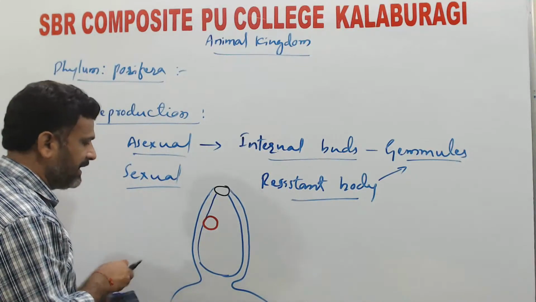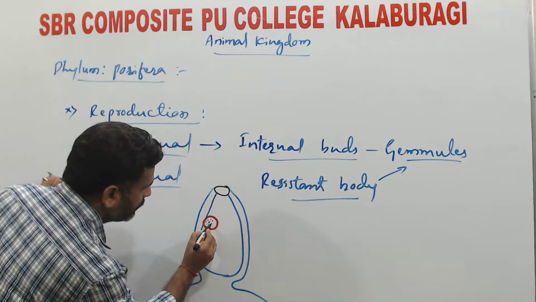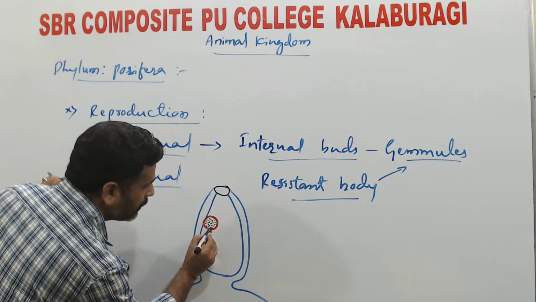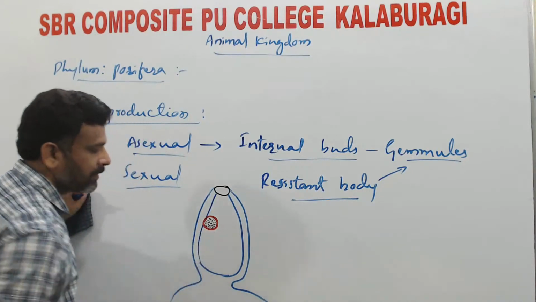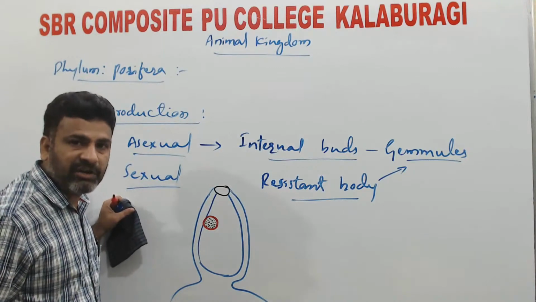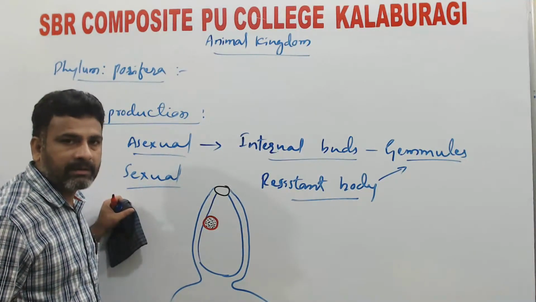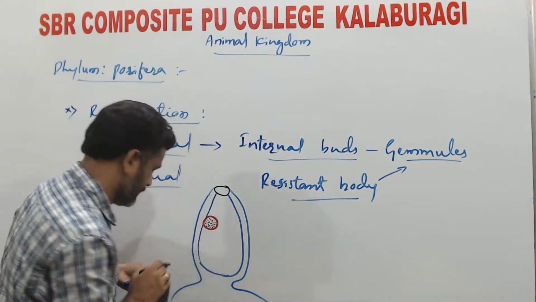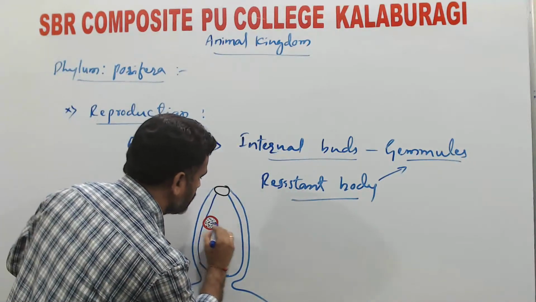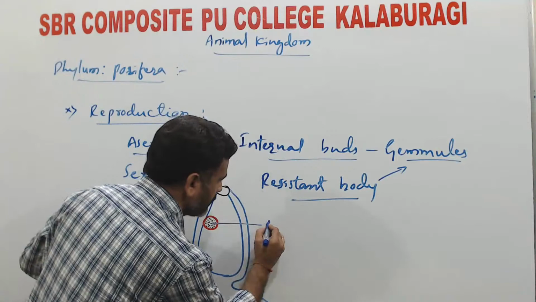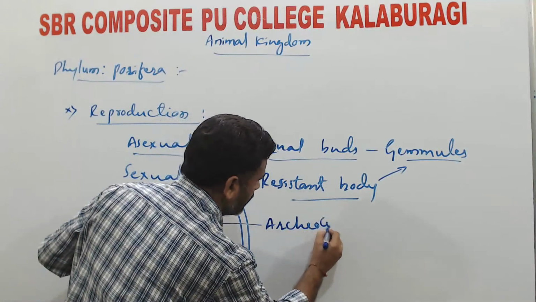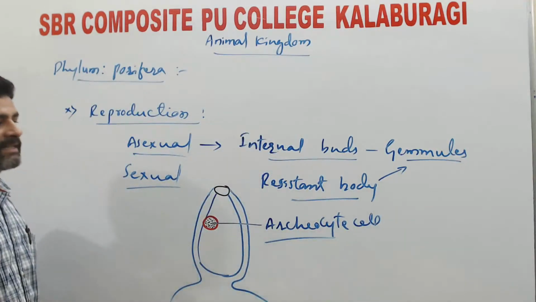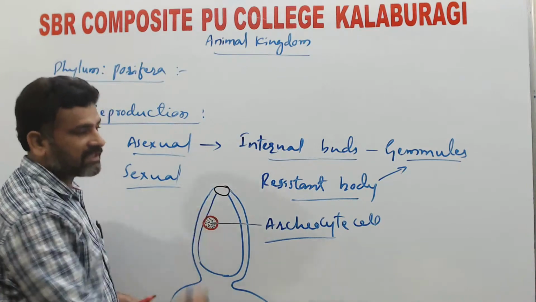These gemmules mainly enclose the totipotent cells, the dedifferentiative cells. As I said earlier, the name of the totipotent cell is the archaeocyte cell. It encloses the archaeocyte cells.